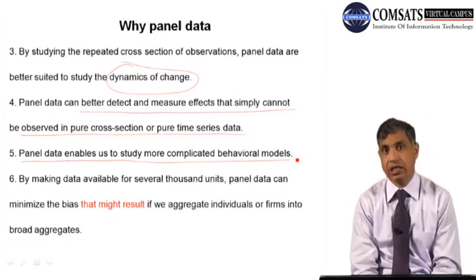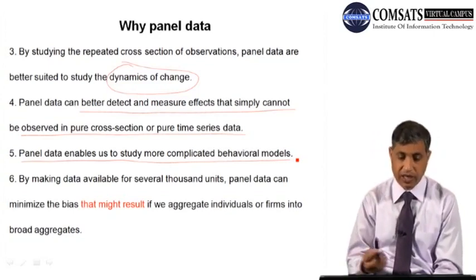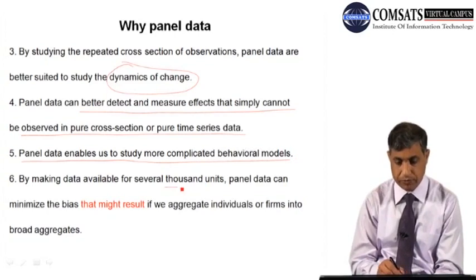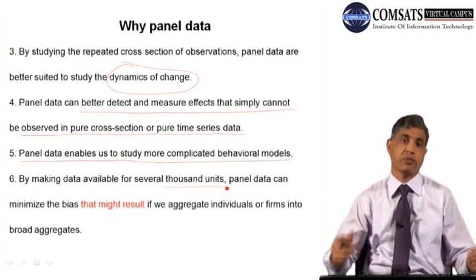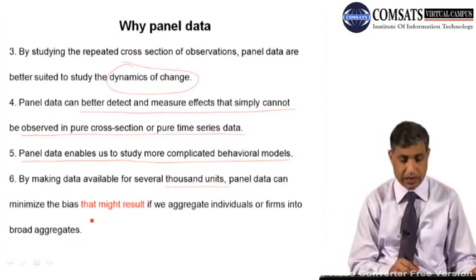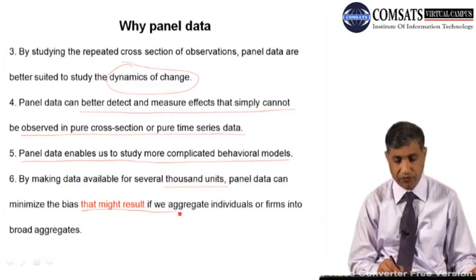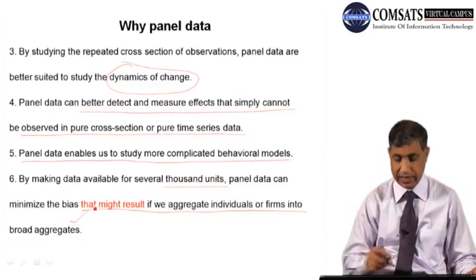And the last thing, making data available for several thousand units. Definitely, when you are pooling data, your number of observations will increase. Panel data can minimize the bias that might result if we aggregate individuals or firms into broad aggregates.